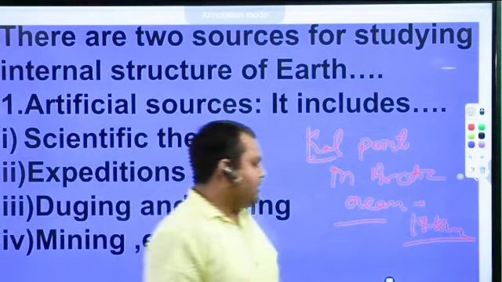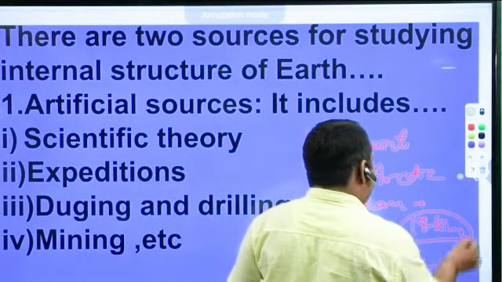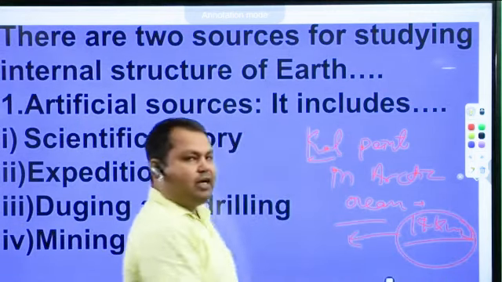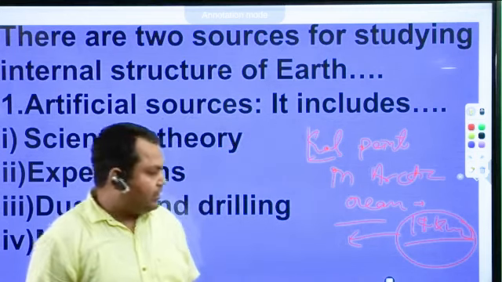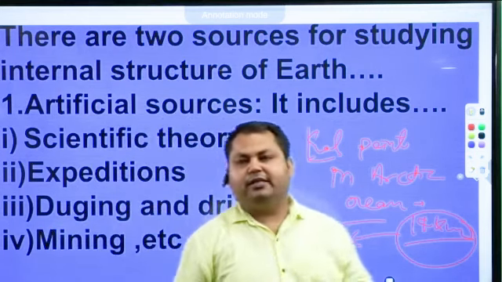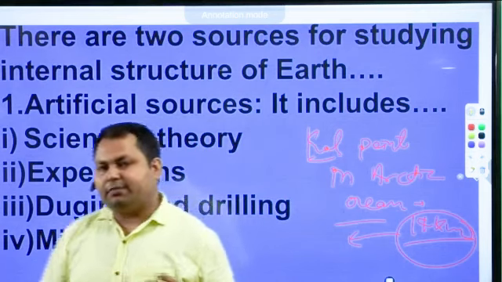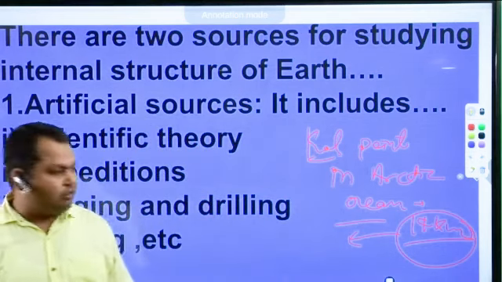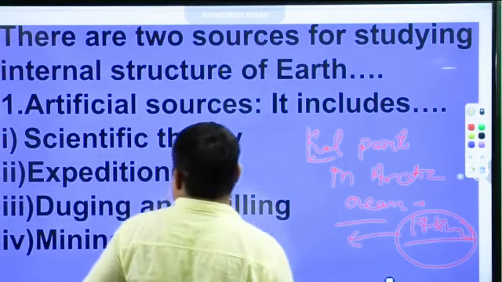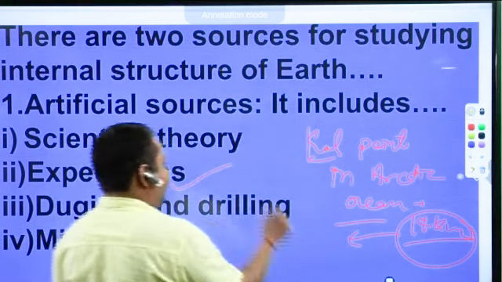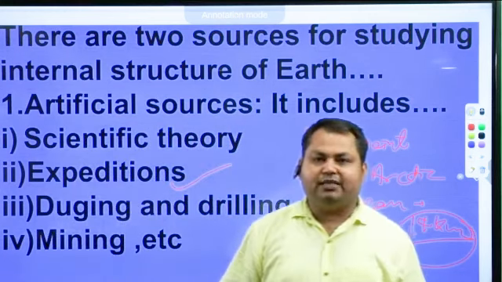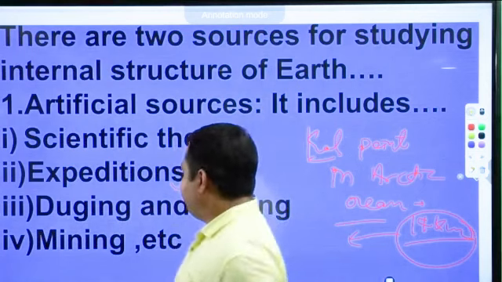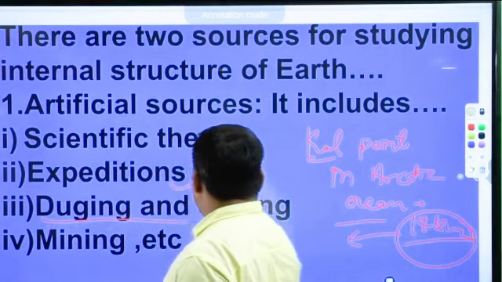Whatever material we found there in the oceanic crust of the Arctic Ocean all experienced a comparative rise in temperature, pressure, and density towards the center of the Earth. So the scientific expedition also explains that temperature, pressure, and density increase with increasing depth. The next is digging and drilling.